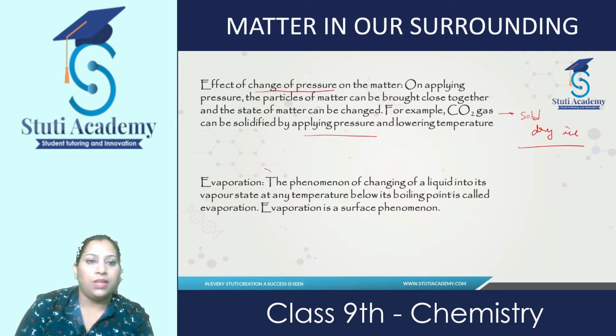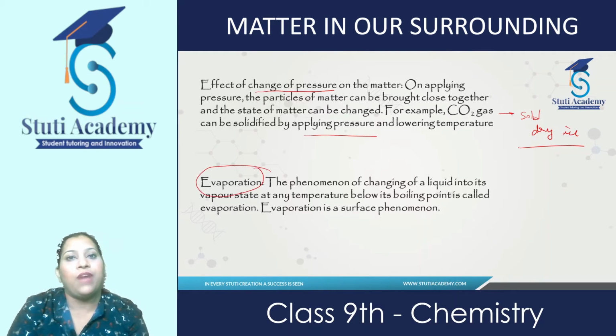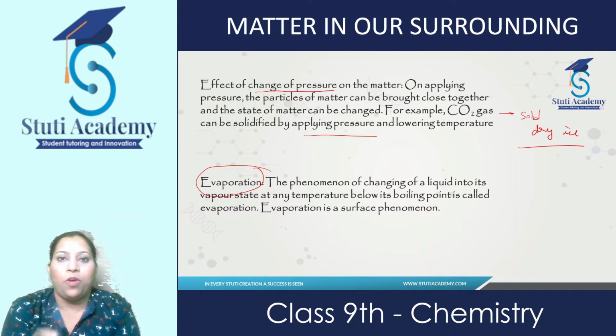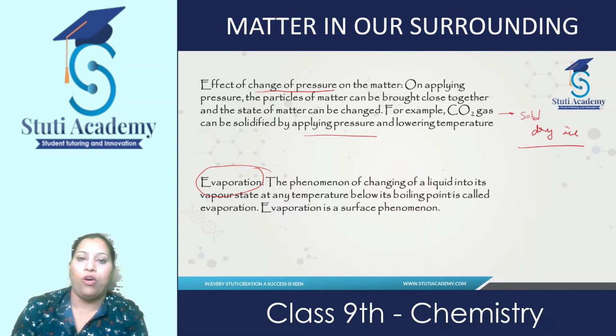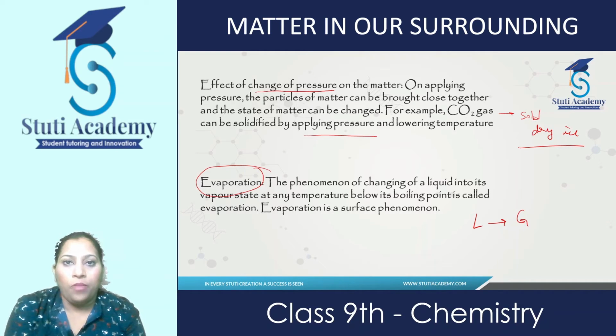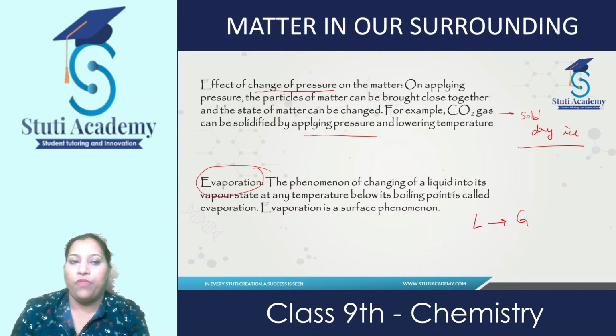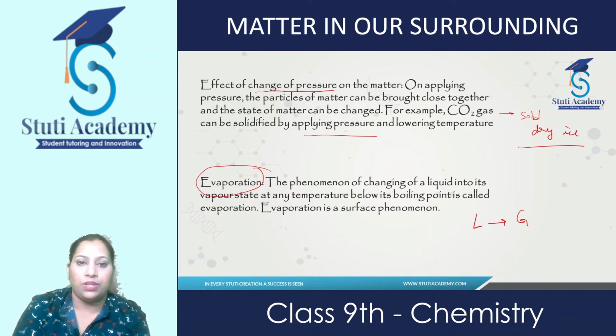Next process, and a very important process, is evaporation, which is responsible for the conversion of liquid into gaseous form. The process of converting liquid into vapor form at any temperature below its boiling point is known as evaporation.